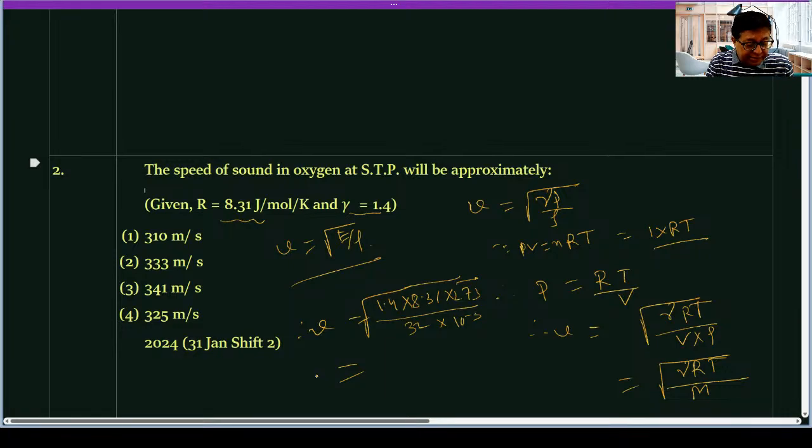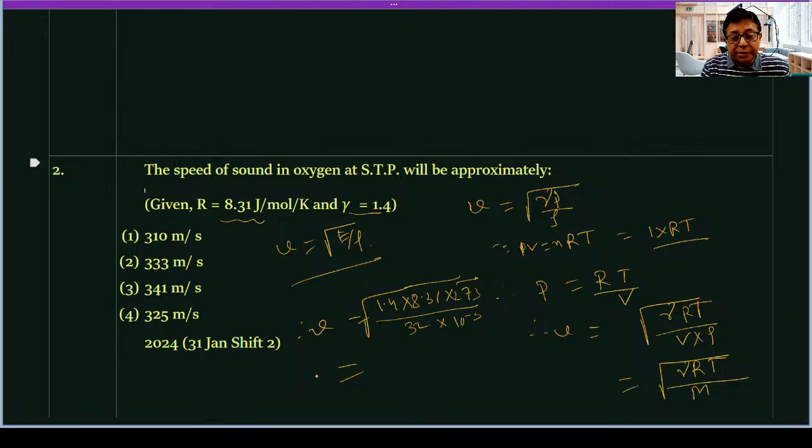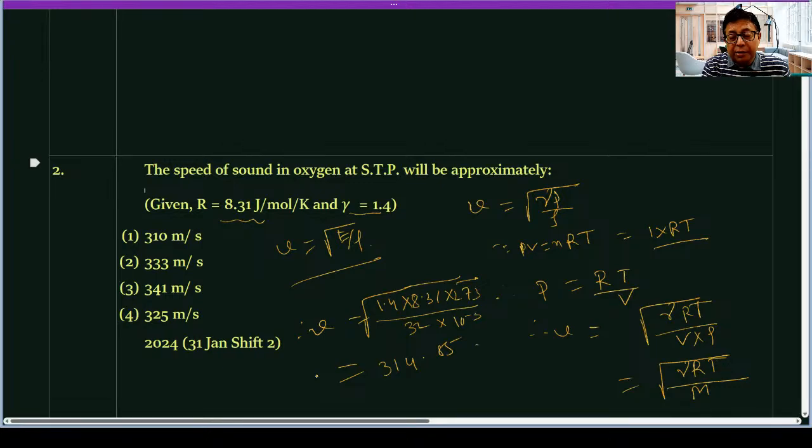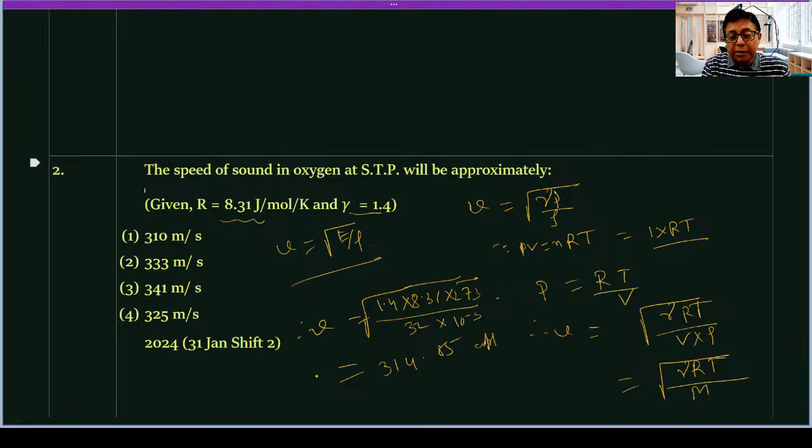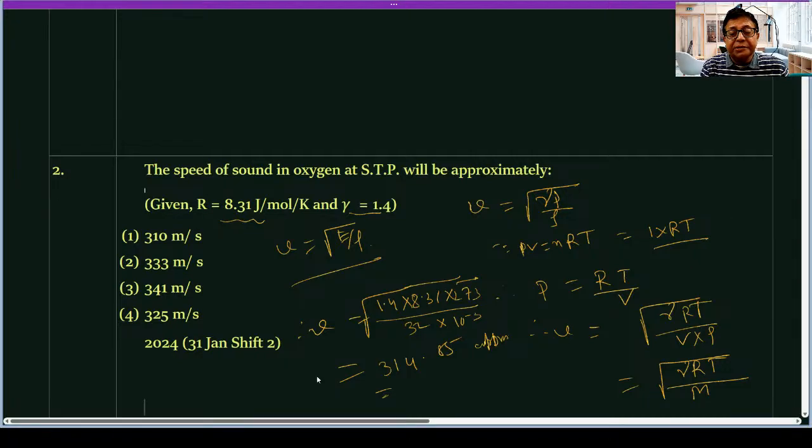and check whether it is coming 314 approximate. You can write 314 meter per second.